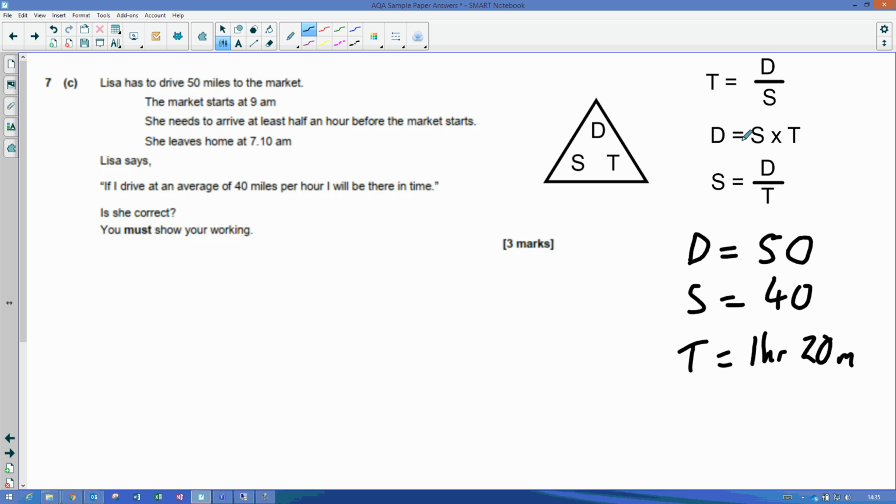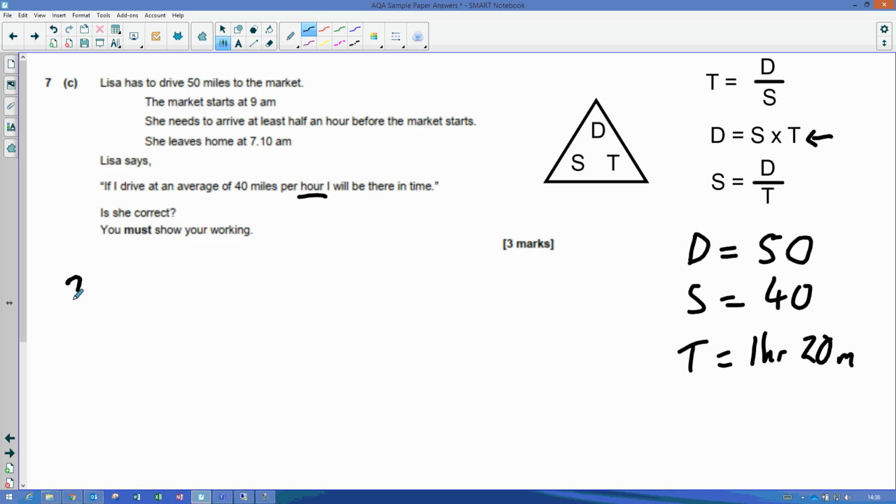If you're going to use one of these two formulas, we're going to start by looking at this one, then you need to do a sum with the time, and that means you need your units to be correct. The units need to match the time in the speed, so we need our time in hours, and what we've got here is the time in hours and minutes.